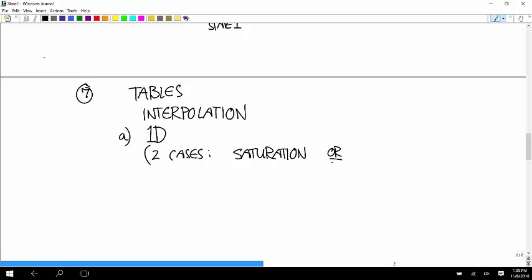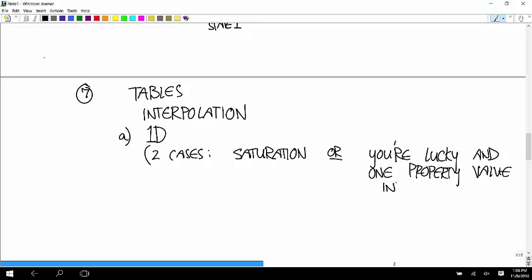The only other case is if you're just lucky and one of the 2 property values that you're given just falls right on one of the values in the table. So if you don't have one of those 2 cases, then you have to do the 2D interpolation.